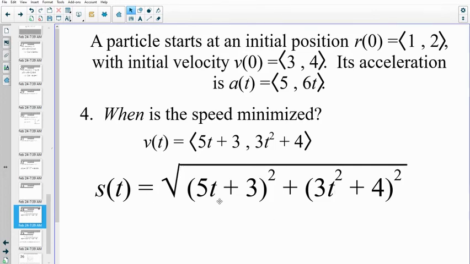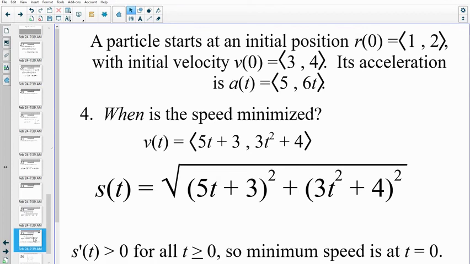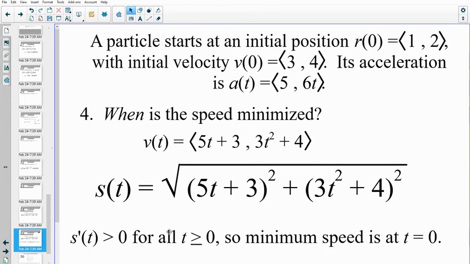This is a speed function. And so when is it minimized? This goes back to what we did way back in Unit 2 of this class. Well, Unit 2, Unit 3, back when we were doing applications of derivatives. We find where something has a minimum by taking the derivative and finding when it's equal to 0 and when it's changing from positive to negative.